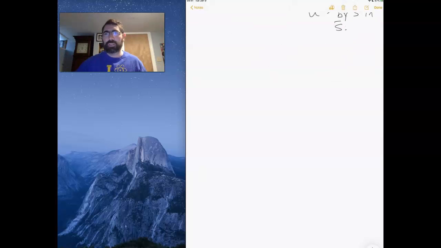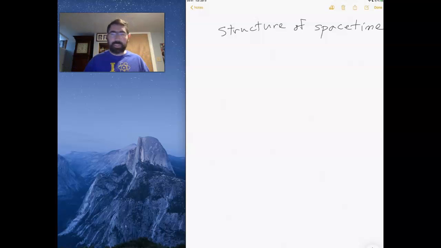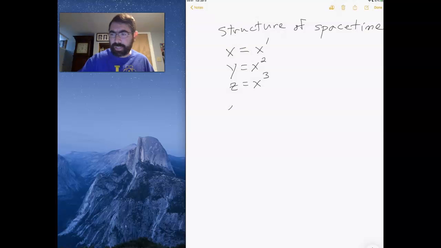Okay. So the next thing we can take a look at is what the book calls the structure of space-time. And we can simplify things by saying x is equal to x1, y is equal to x2, z is equal to x3, and the speed of light times t is equal to x0.